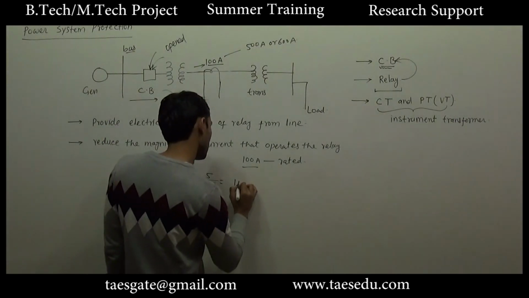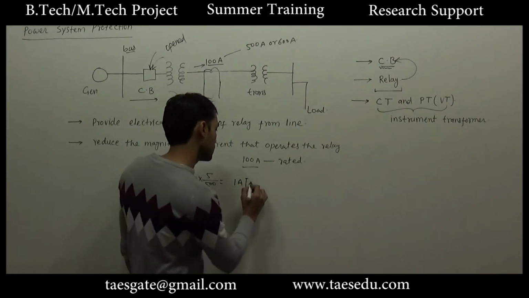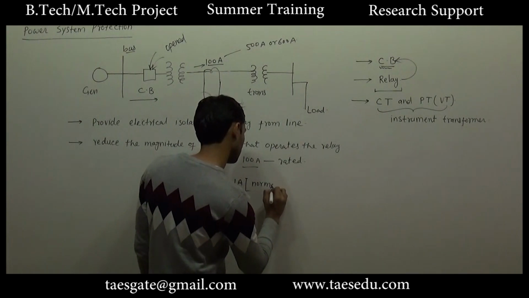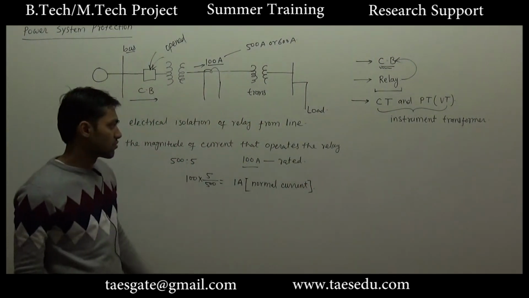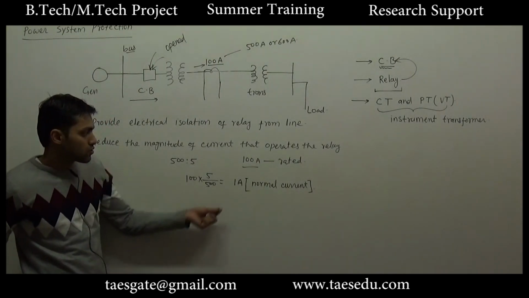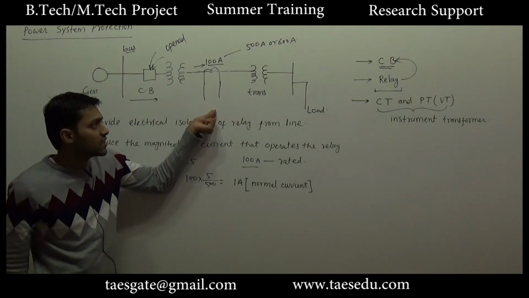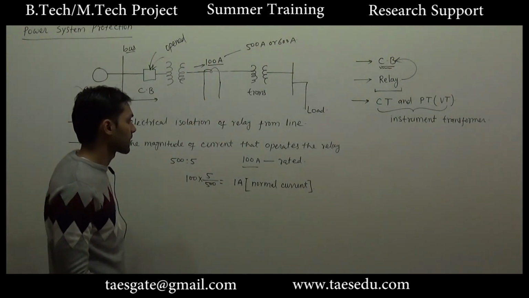So 1 ampere corresponds to the normal current, because 1 ampere corresponds to 100 ampere, and 100 ampere is normal current. If 1 ampere enters the relay, it will treat it as normal current.